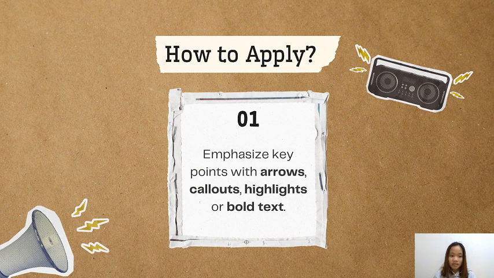For example, in the signaling principle, you can use arrows, you can highlight, you can make the text bold in order for your audience to think that, oh, there's emphasis in here that must be really very important. So that's signaling.